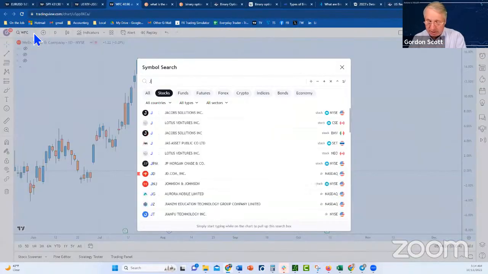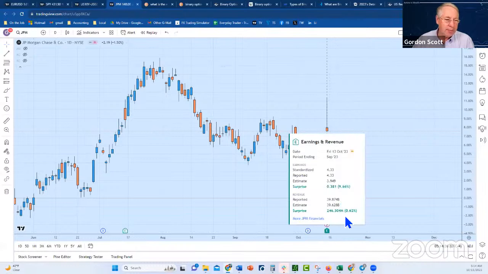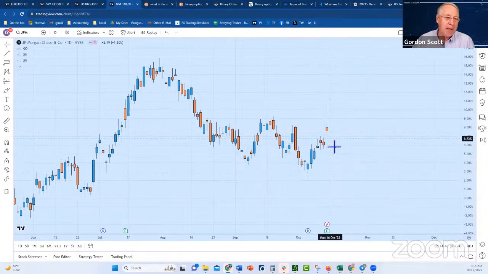That's a big beat, right? And how about JP Morgan? Not quite as similar, but still interesting, barely beating revenue estimates, but kind of handily beating profit estimates. And yet, what happened with both of these? They both went running way up and got sold all the way back down.